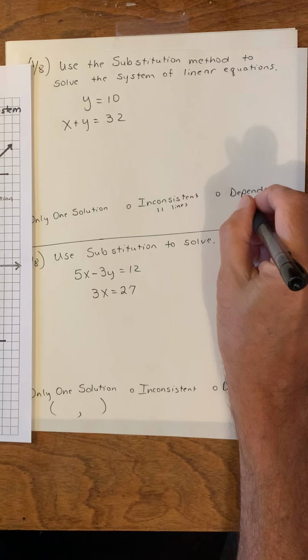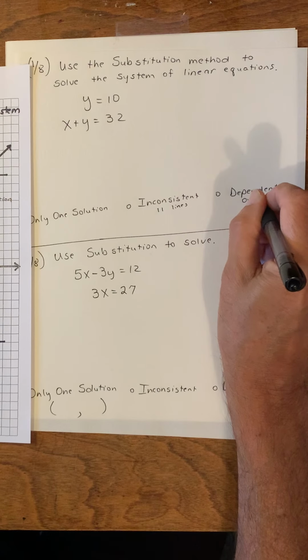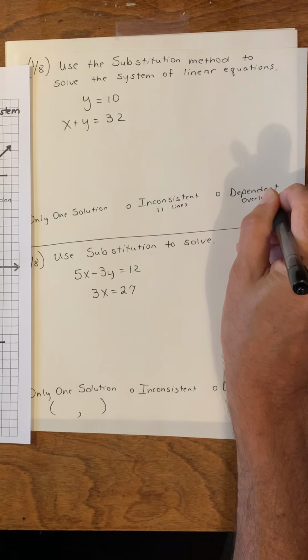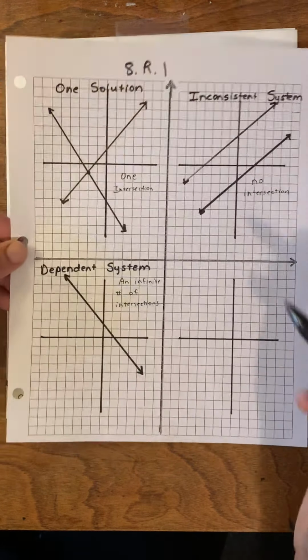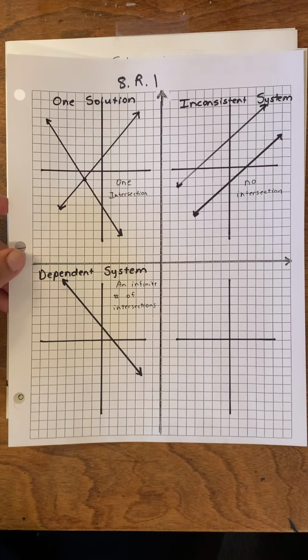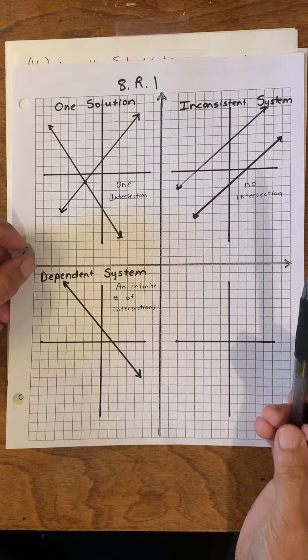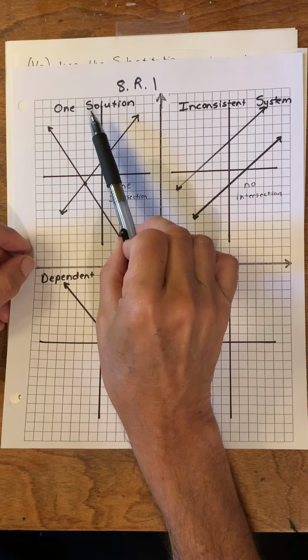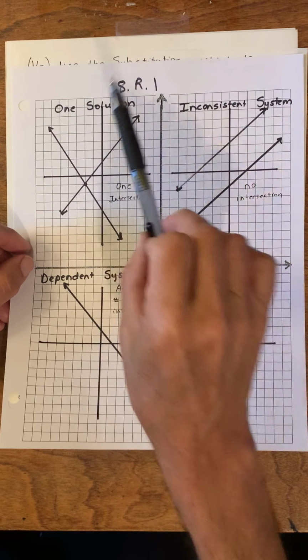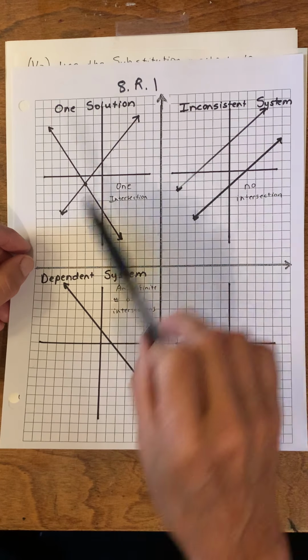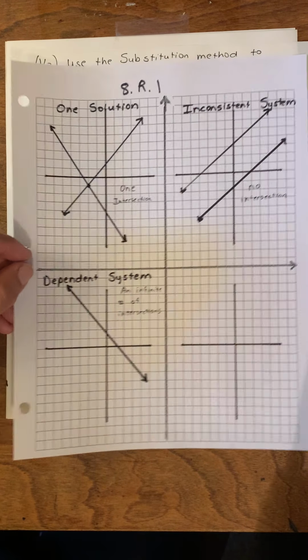So these are overlapping lines. I will be including this sheet with my notes that I will post. So this is definitely something you want to have handy to identify what it means if there's one solution, an inconsistent or dependent system.